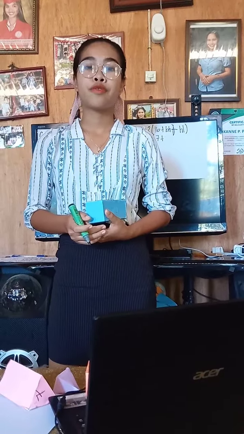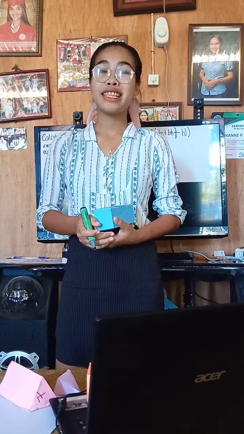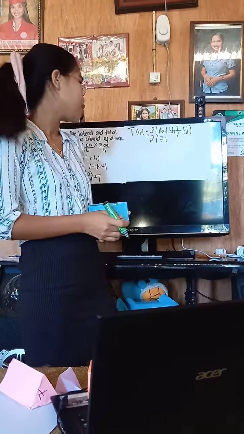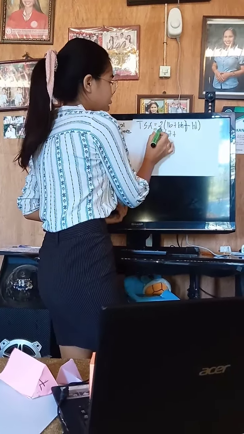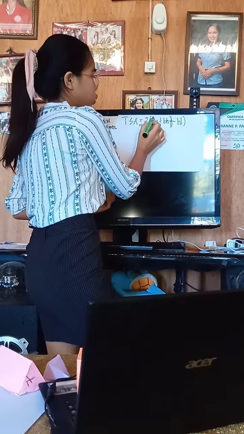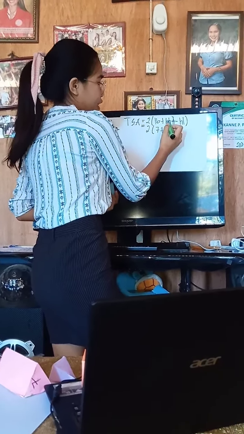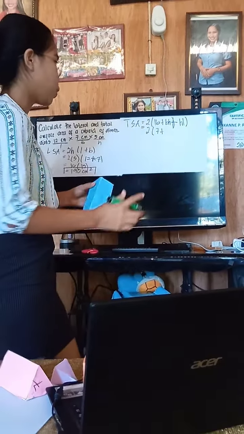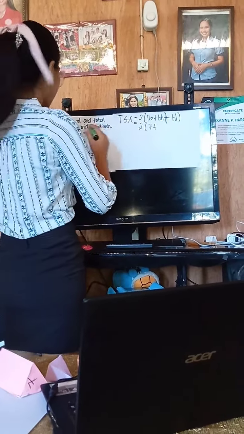So since we already found the value of our lateral surface area, now let's proceed to finding the value of our total surface area. So the formula would be TSA equals 2 times the length times the base plus the base times height plus the height times the length. So bring down the constant, substitute the given values.